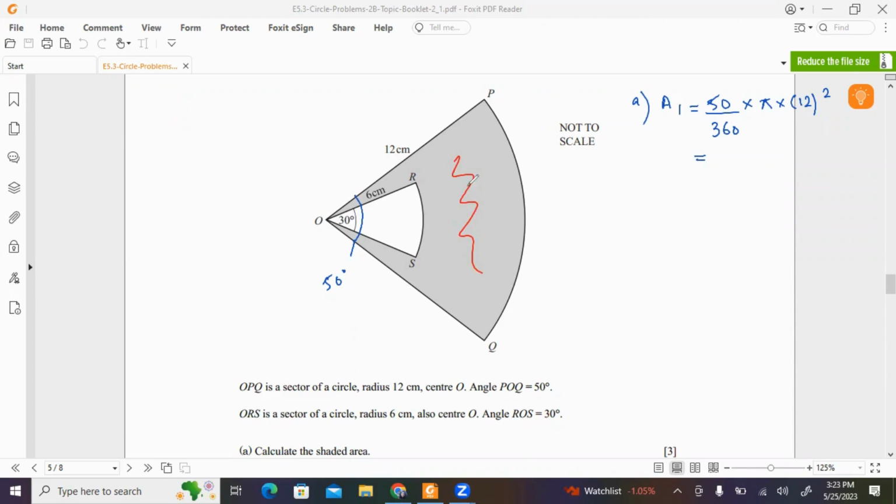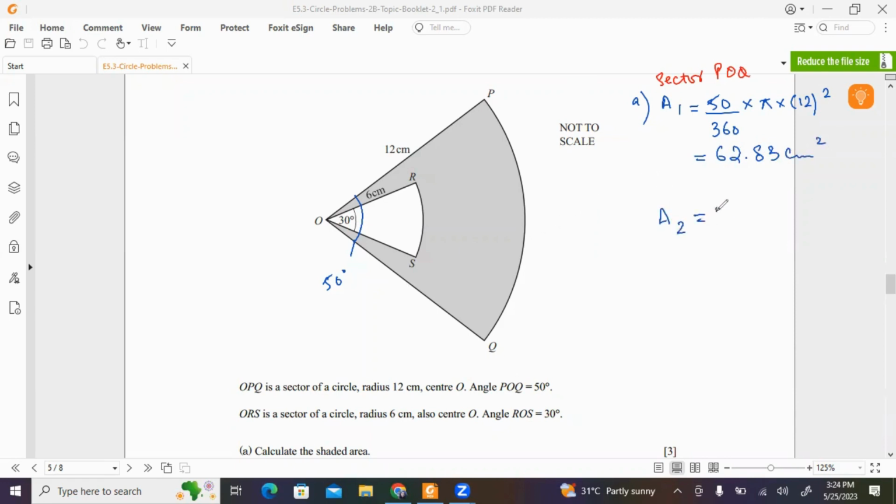Actually, wait, I'll label it. Sector POQ. Anyhow, so we plug this in the calculator: 62.83 centimeters square.